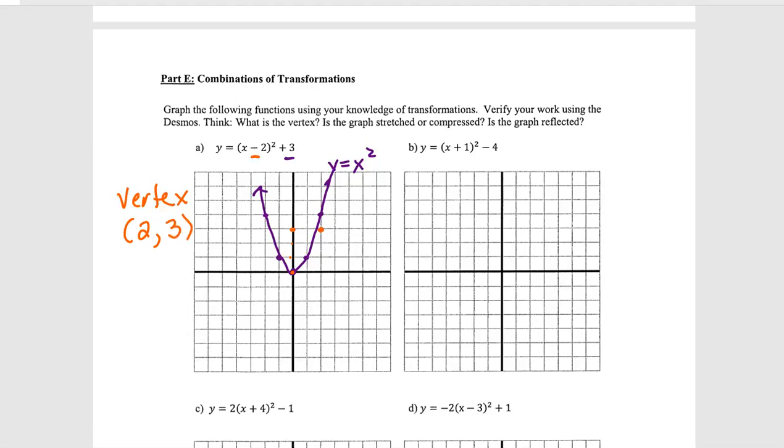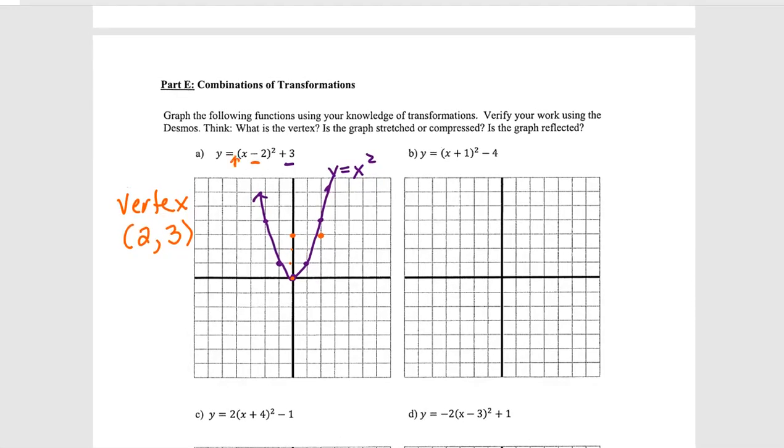My shape doesn't change because there's no A value. If nothing is written, it just means it's a 1, so there is no stretching or compressing. My pattern is the same: over 1, up 1, over 2, up 4, over 3, up 9.